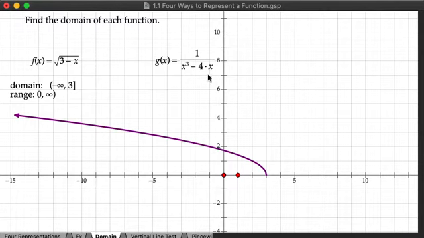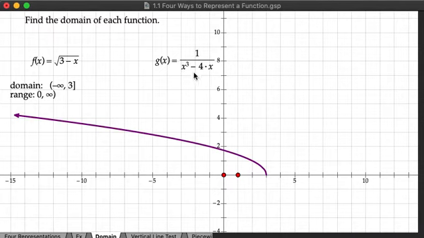Looking at this piece, the thing that triggers us with this function, g, is that we have division, and we can't divide by 0. That's outside of the domain of the division operation.